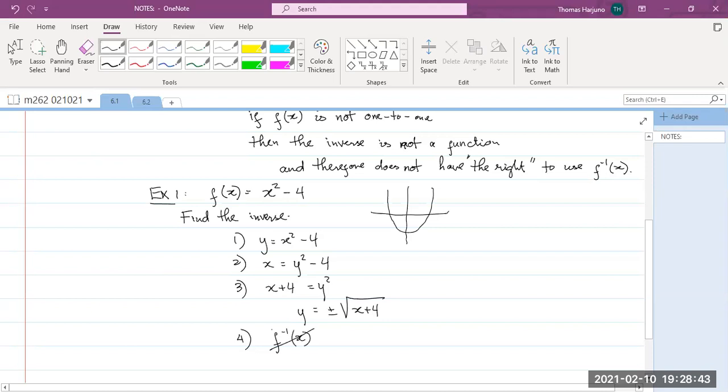But this equation is the inverse of f(x), but it is not a function.